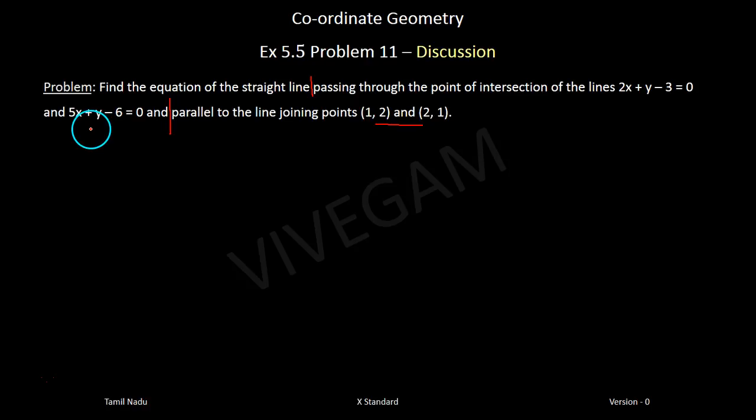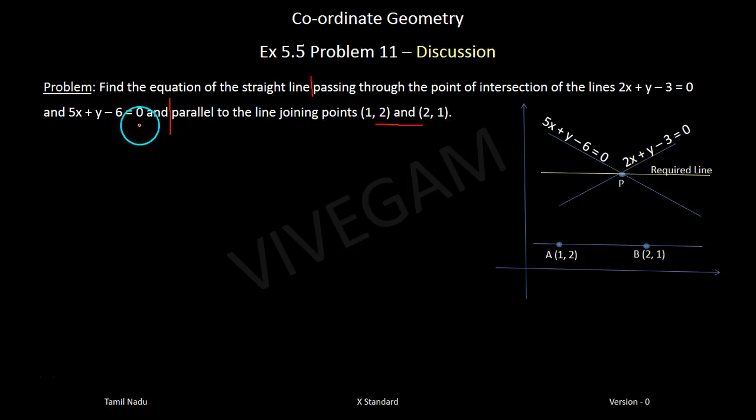So basically you solve these two equations and get one point through which the line passes. Then they are saying it is parallel to the line joining the points (1, 2) and (2, 1). From these 2 points you can calculate the slope, and any line parallel to this line will have the same slope, which is going to be the slope of the required line. So this will give us the slope, and this part will give us 1 point. Then use your slope point form and calculate the equation of the straight line.